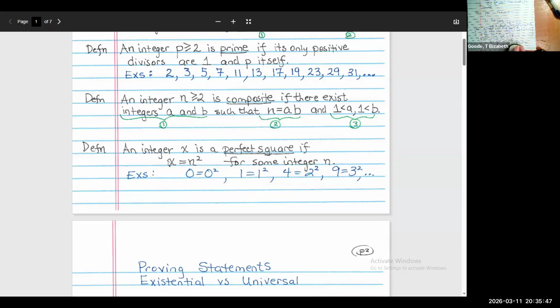Because if x equals pi squared, it is not a perfect square, not because this part fails, but because pi is not an integer. x equals square root of 2 squared isn't a perfect square because square root of 2 isn't an integer.